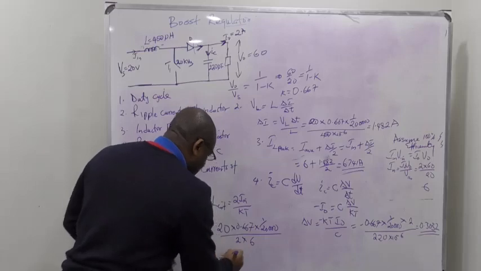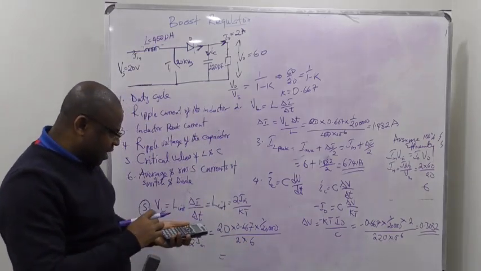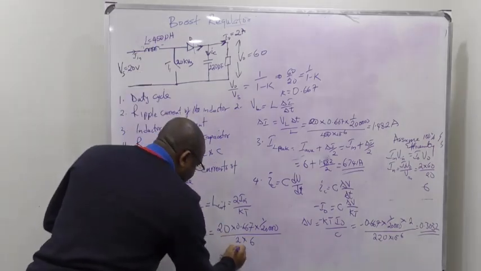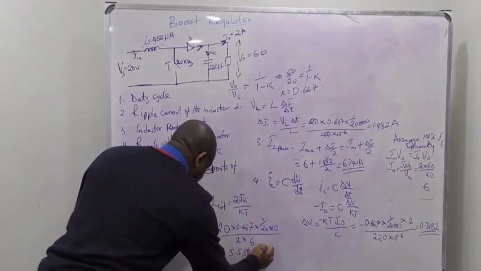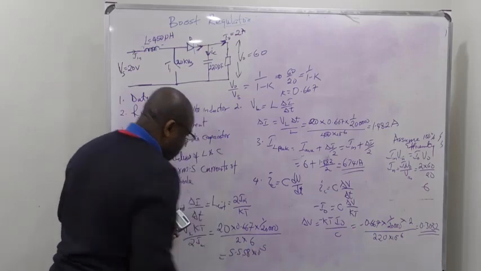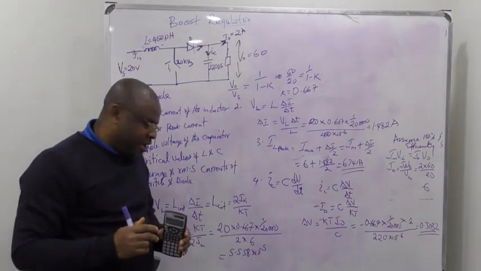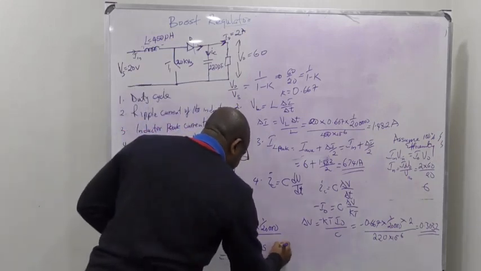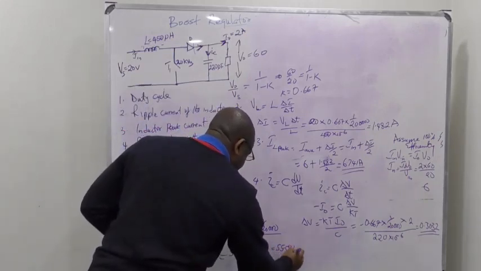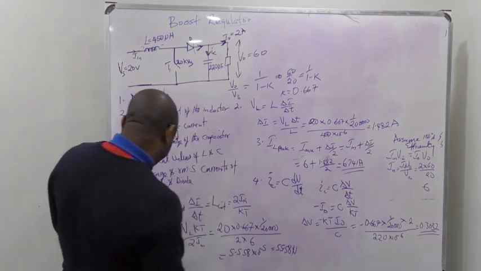All right, so let's get the value there. You get about 5.558 times 10 to the power minus 5, which is 55.58, 55.58 micro. What is that? Henry.